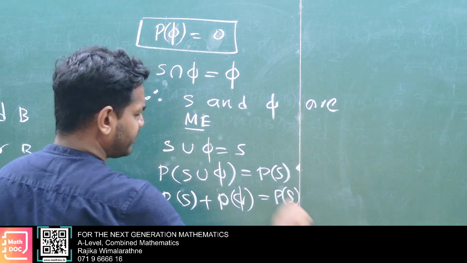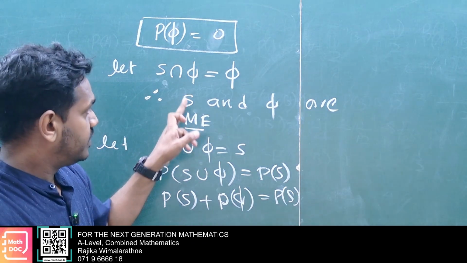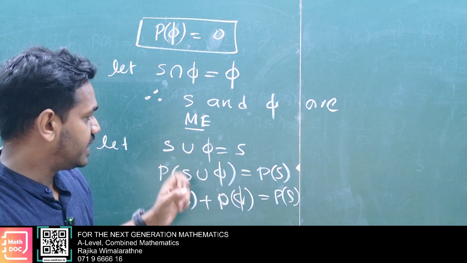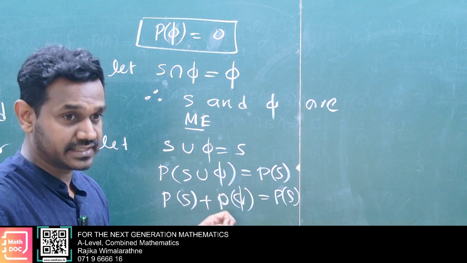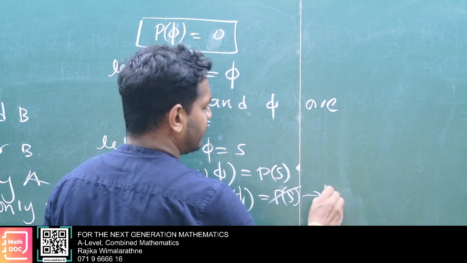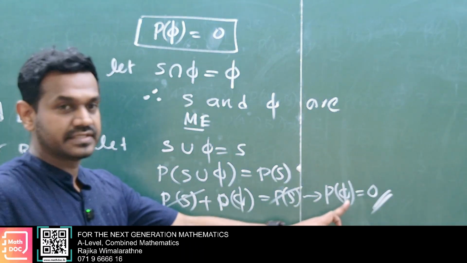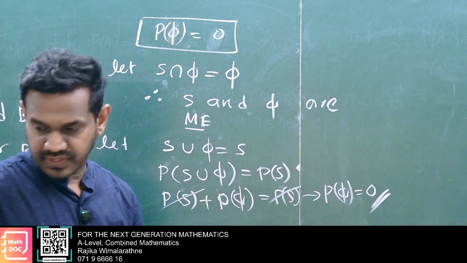If mutually exclusive events, then union we can write as sum. Third axiom. Then cancel P(S), then we get P(phi) = 0. That's how we prove it. Then P(null) = 0.